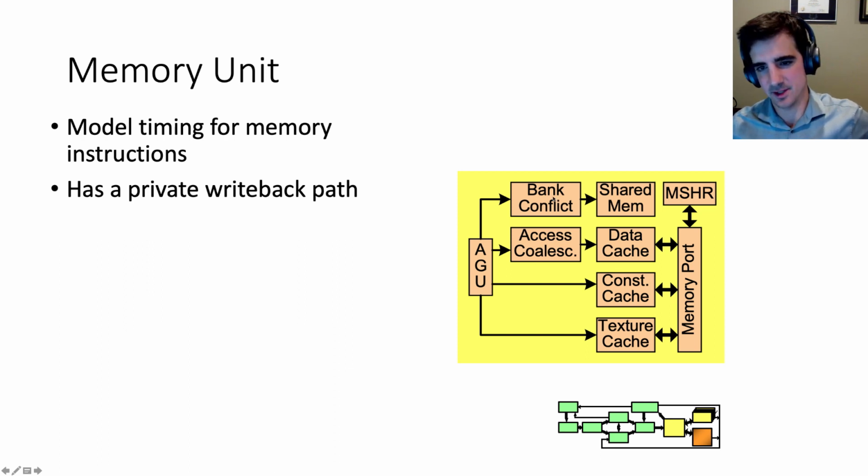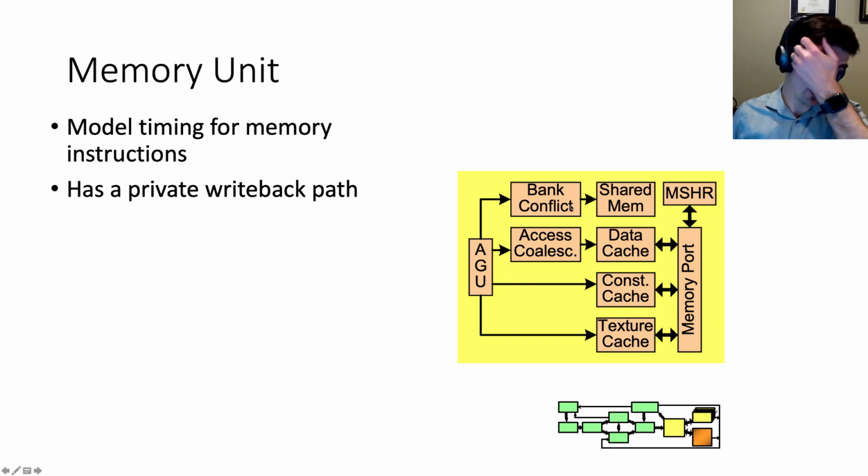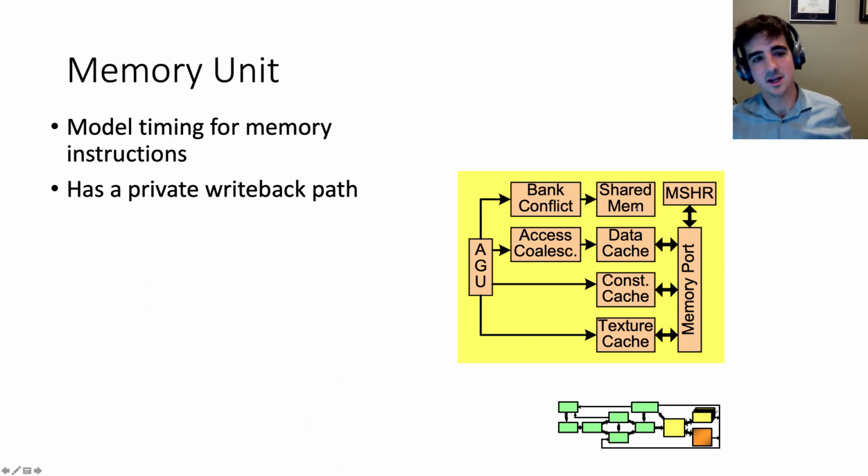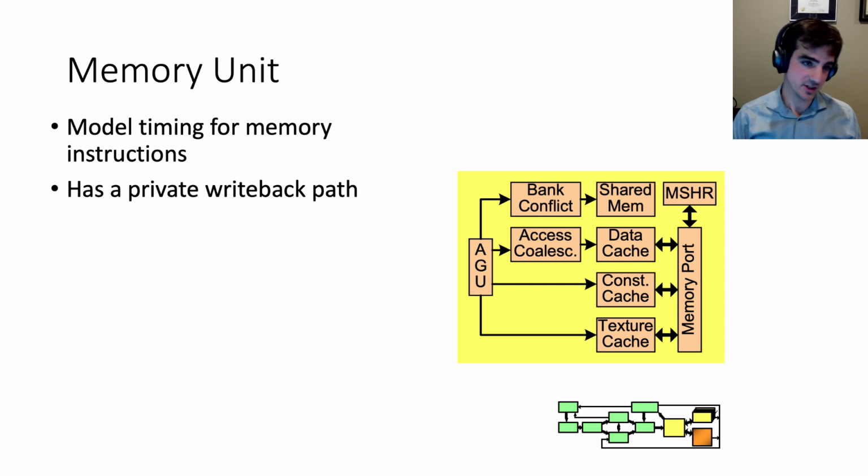There's code inside the simulator that will also figure out what your bank conflicts are in your shared memory. So we talked about bank conflicts in class. That is modeled inside the simulator. If you have a bunch of accesses going to the same memory bank, it will essentially serialize those accesses, and it will take longer for those instructions to clear the memory stage of the pipeline.